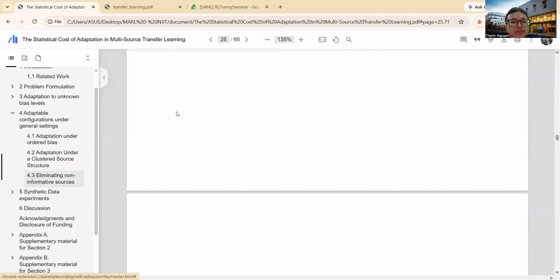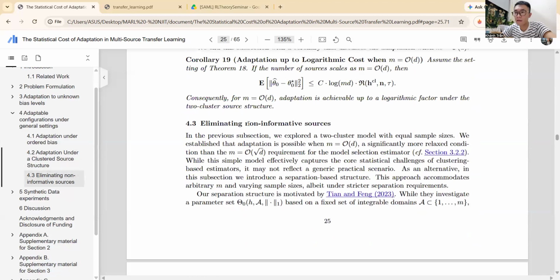And they have another case, limiting non-informative sources, which means that they can tell whether a source domain is close to the target domain or not by a simple test.